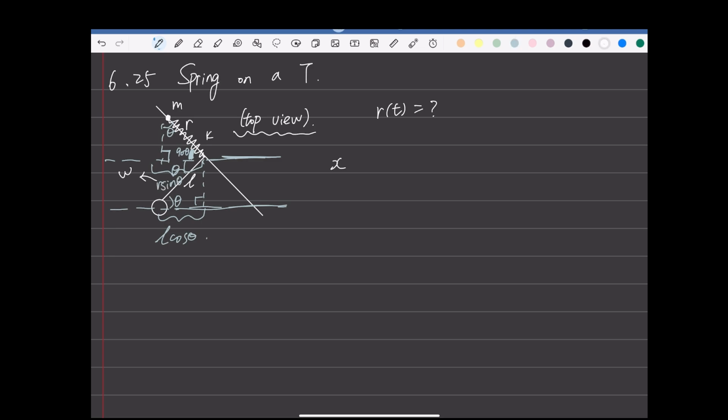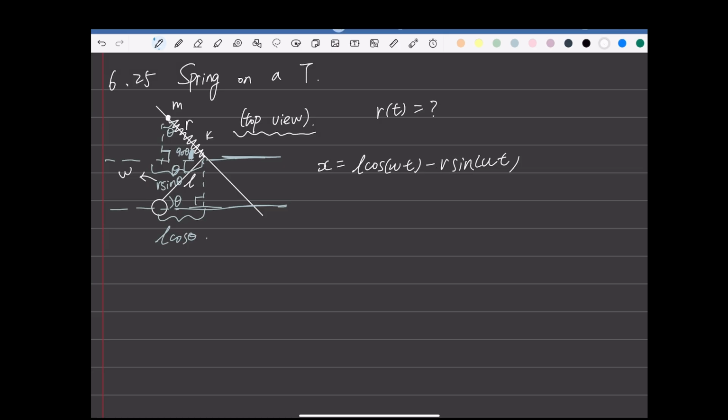And also remember that we can always write theta as omega t in this problem, since this thing's rotating at angular velocity omega. So we basically replace all the thetas with omega t. So x is basically L cosine omega t minus r sine omega t, right?